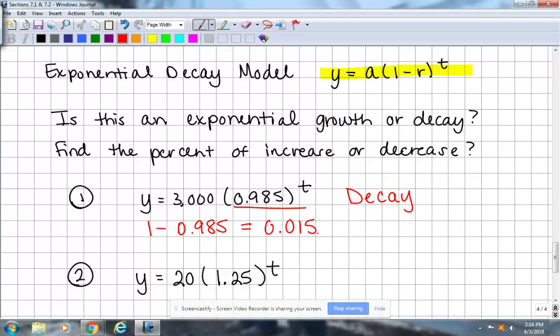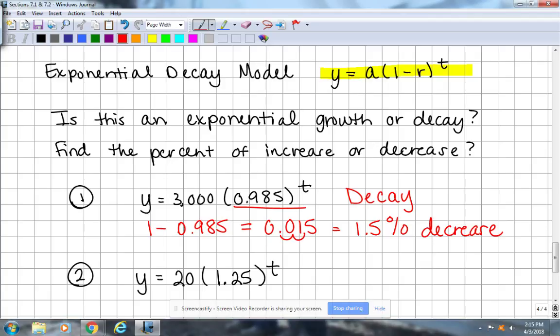And then we change that to a what? It says find the percent. So we move the decimal twice or multiply it times 100, whichever you prefer. It's a 1.5% decrease. It's decreased because it was a decay.